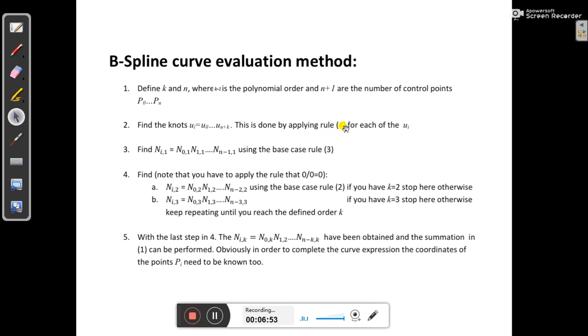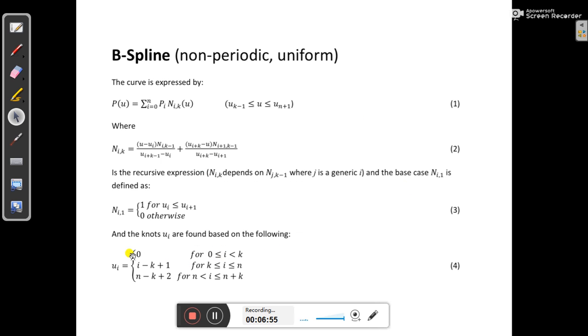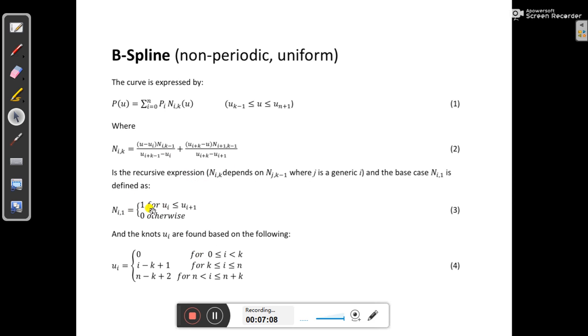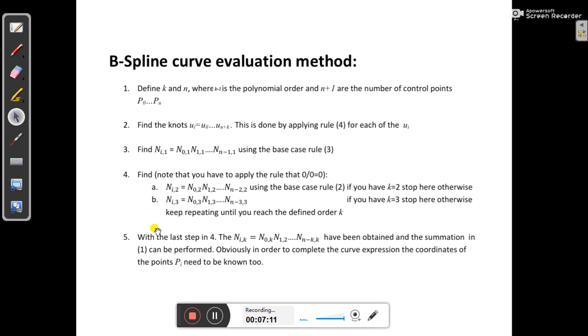This is done by applying rule 4 for each ui. So using these rules, we need to find the knots. Then find Ni1 using the base case rule. It might be N01, N11, up to Nn minus 1, 1, and i will be from 0 to n, that is why i is from 0 to n minus 1.